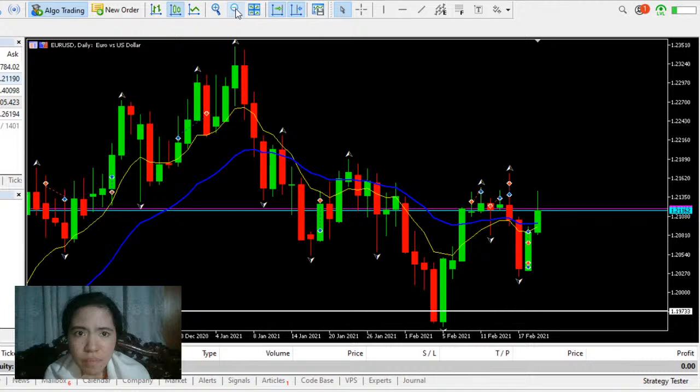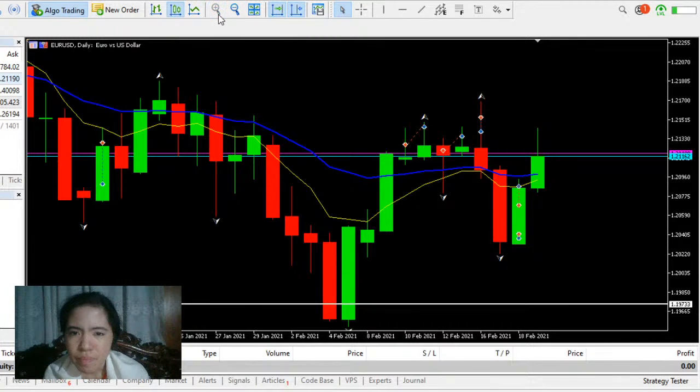Based on the EMA, or the exponential moving averages, it still has that bearish bias. But in this recent week, or the past days, the EMAs are bending.